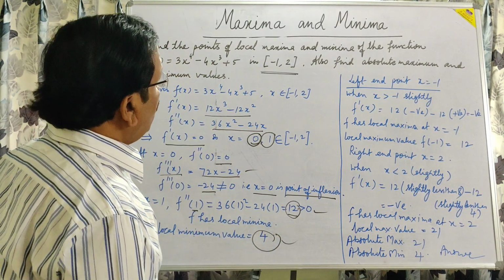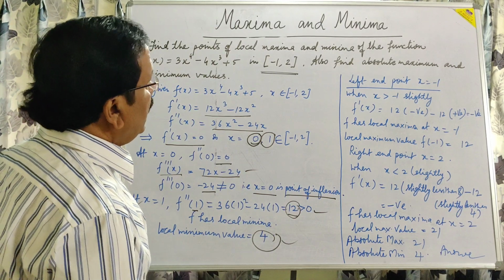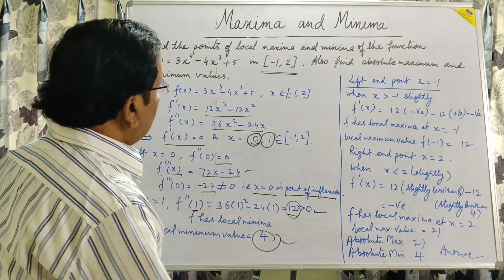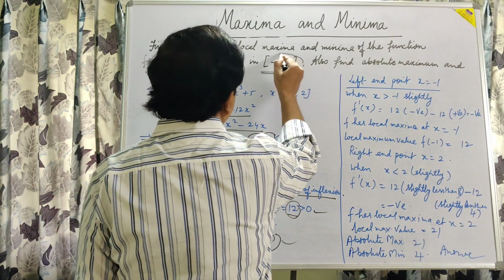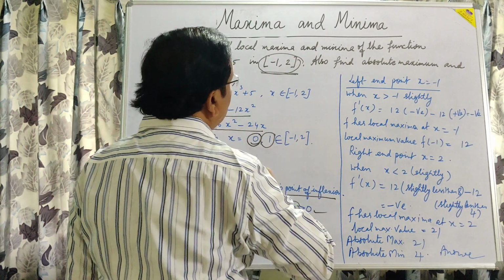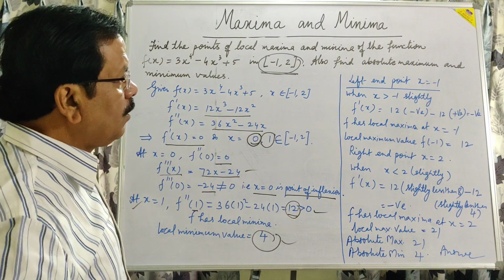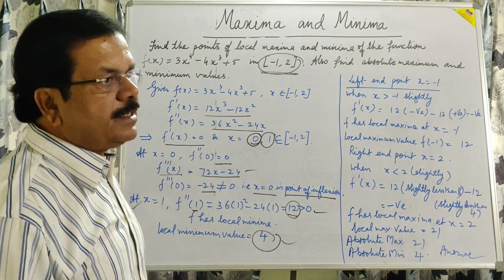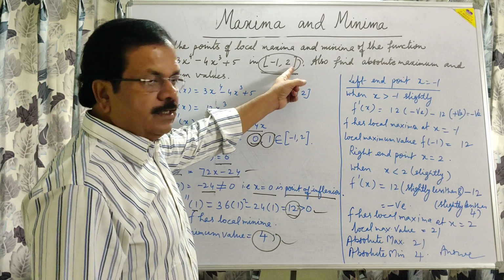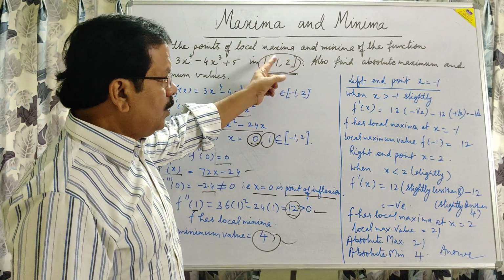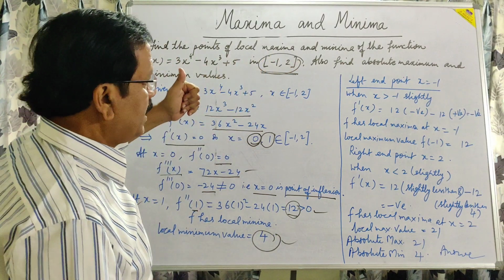Now for the local maximum and absolute maximum, since this is given in the range minus 1 to 2, we'll test at x is equal to 1 also, when slightly greater than 1 and slightly less than 2. For these 2 points also we'll check.